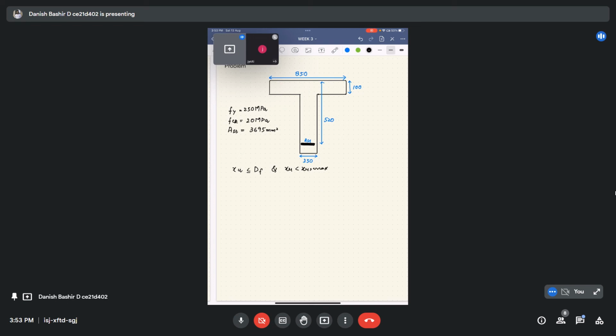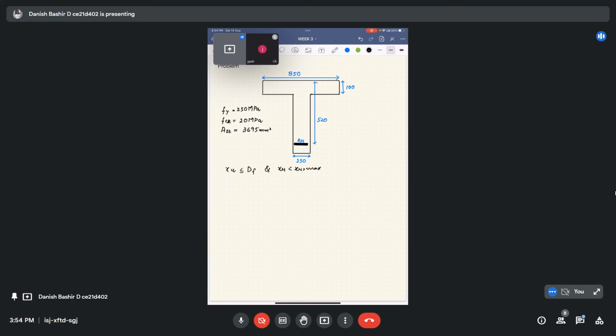So I already told that when we assume that XU is less than the depth of the flange, we can use the concept of the singly reinforced rectangular section. So for this assumption we have to equate Cu is equal to Tu.